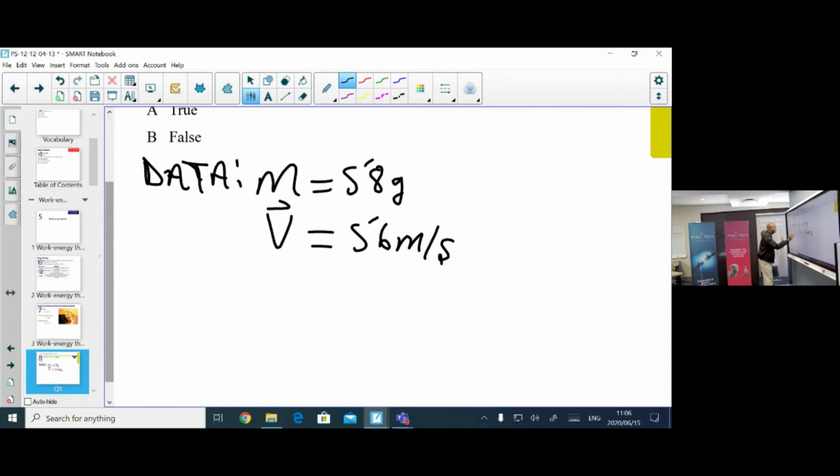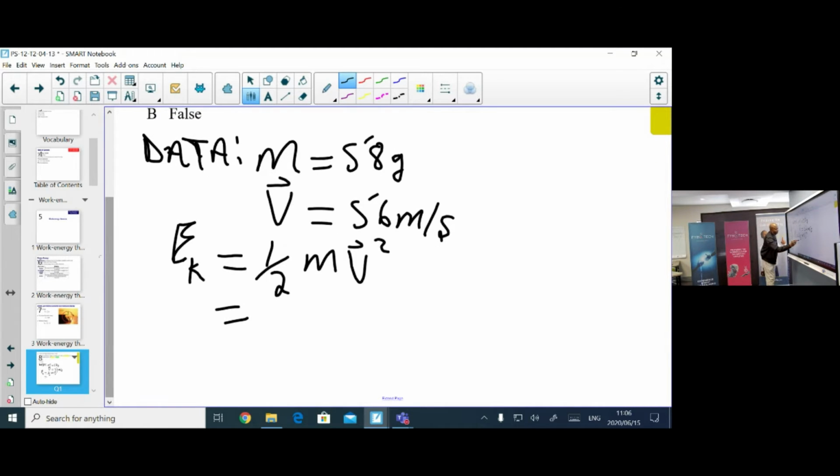We all know that EK, E sub K, is equal to half mv squared. If you look at that, we have half. What about the mass? The mass is 58 grams. You have to convert that into kilograms, because the mass is going to be measured in kilograms.